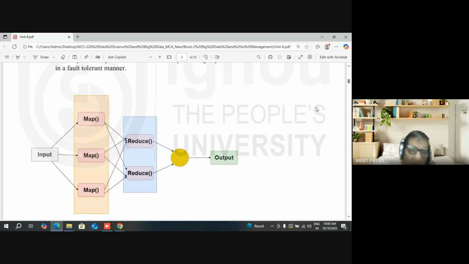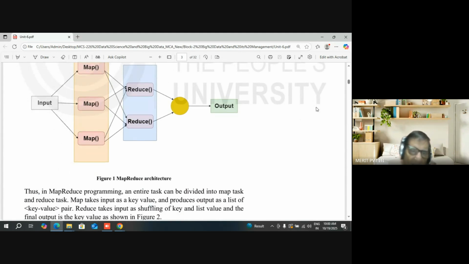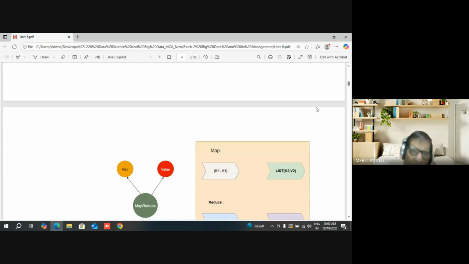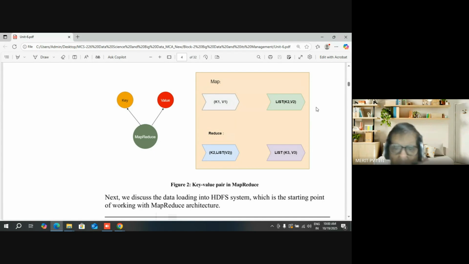This is a figure of MapReduce: input, maps, reduce, and output. And figure 2 talks about key value, map, reduce.